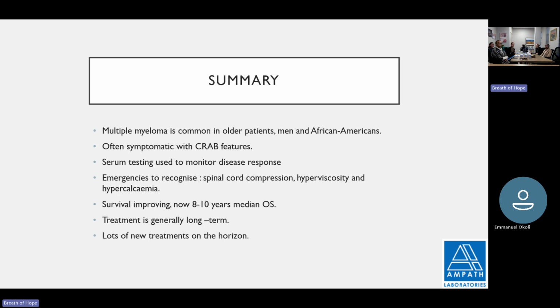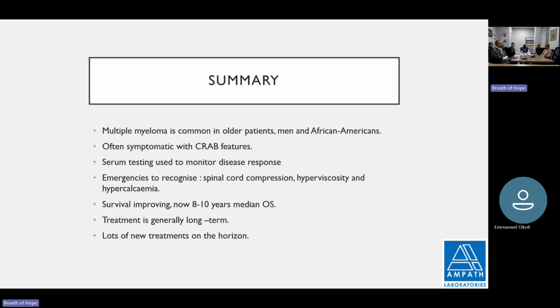The survival of multiple myeloma is improving, now to a median overall survival of 8 to 10 years. Treatment is generally long-term. As you know, there's no set cure for multiple myeloma. The patient will not be cured and will be monitored for response. Some of these patients do get a stem cell transplant and they do better, but it's still a difficult disease to cure.